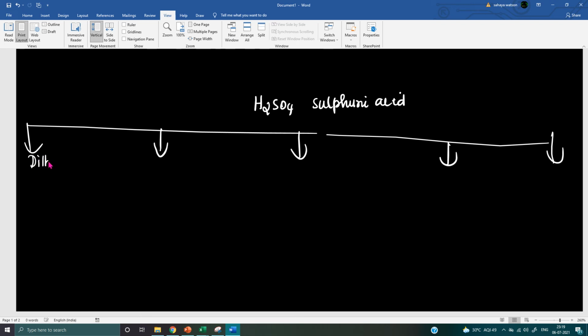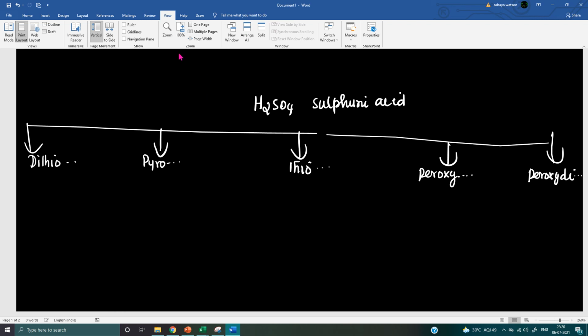This is dithio, pyro, thio. This is peroxy. This is peroxy di. So the names of the compounds are dithionic acid, pyrosulfuric acid, thiosulfuric acid, peroxysulfuric acid, peroxydisulfuric acid. This is the way to name them.